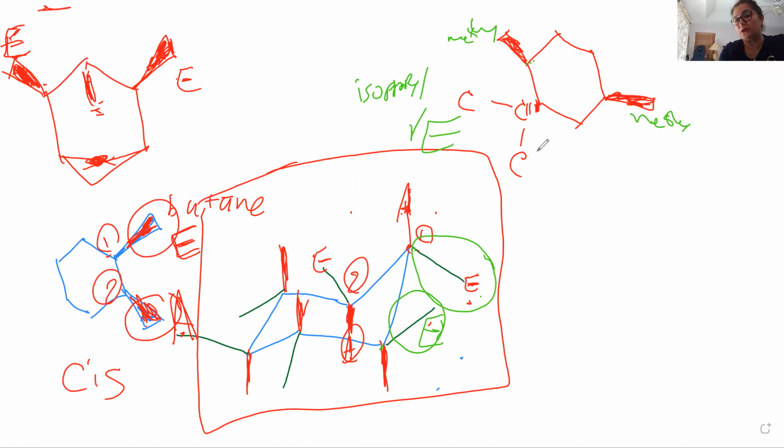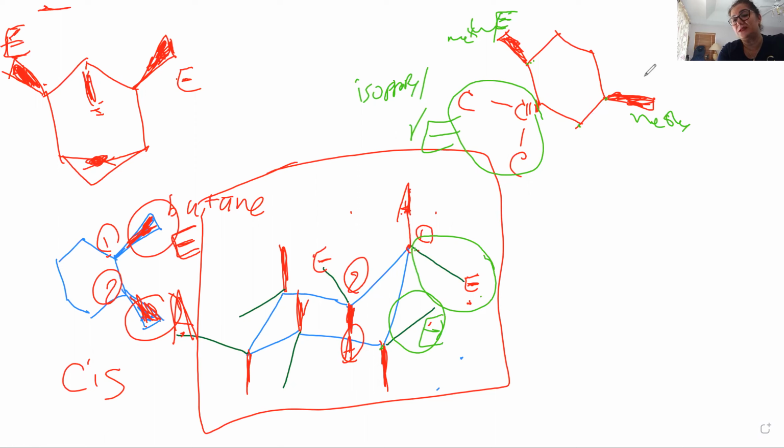Isopropyl must be equatorial because it's bulky, but it's going down. If the equatorial is down on this carbon, on the adjacent carbon equatorial is going to be up. So this is up, and it has to be equatorial also. Going this way, equatorial down, equatorial up, equatorial down.